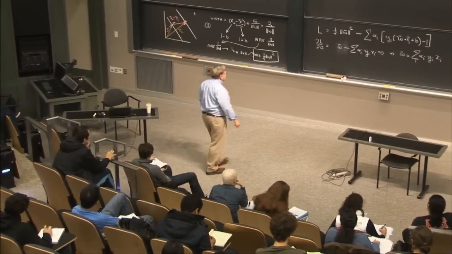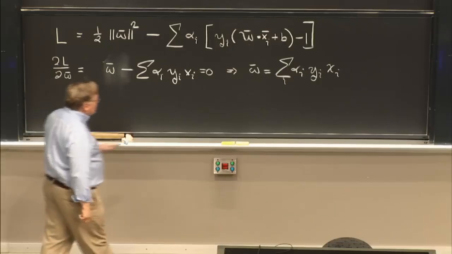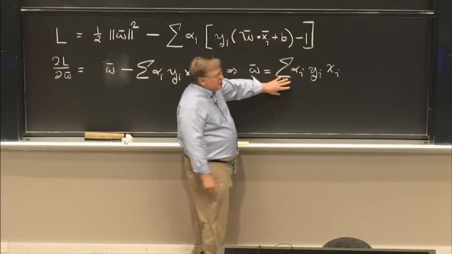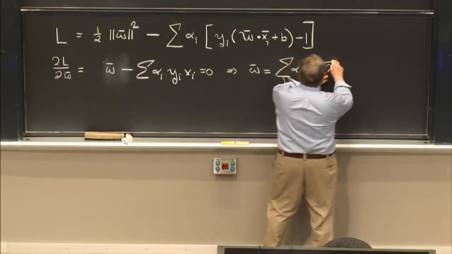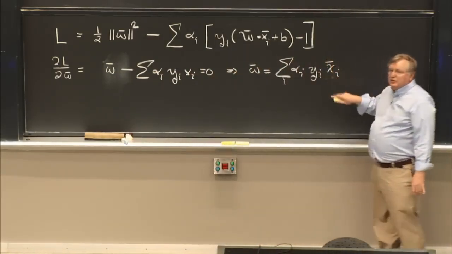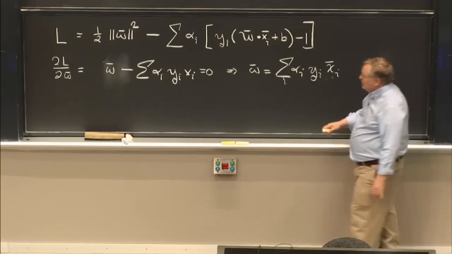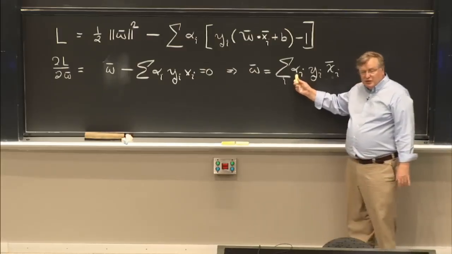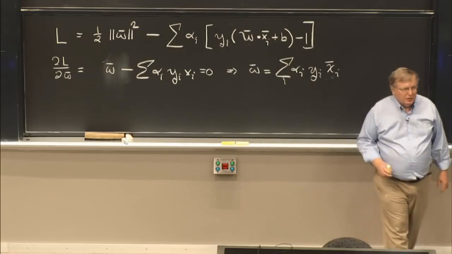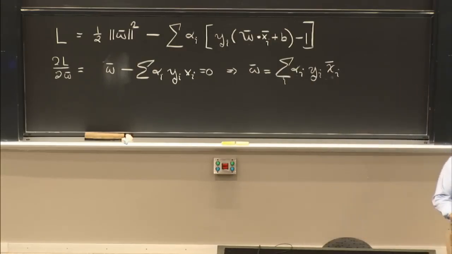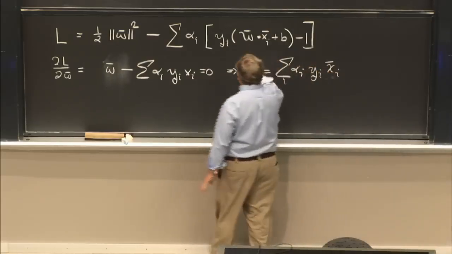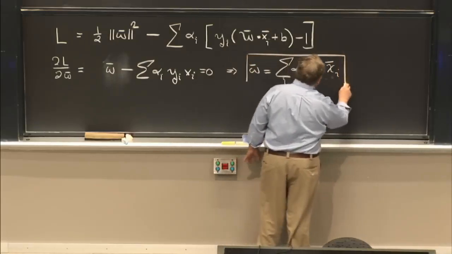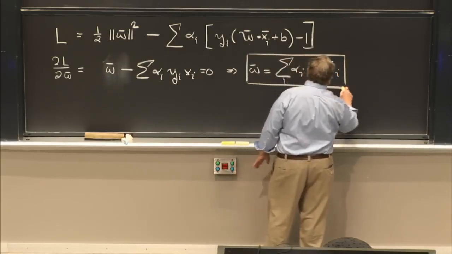But when we did this, we discovered that W is going to be equal to a linear sum of the vectors in the sample set. And I say sum because for some, alpha will be 0. All right? So this is something that we want to take note of as something important.